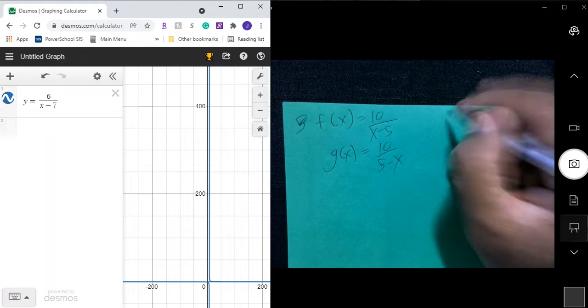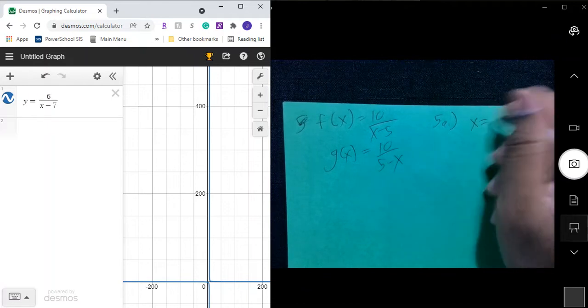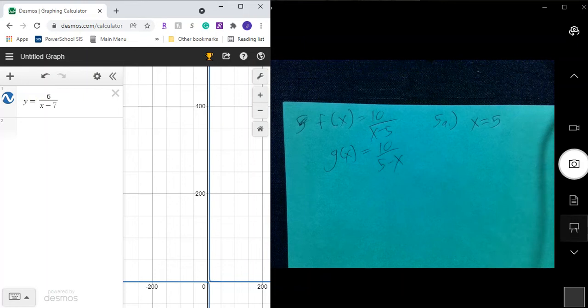For 5a, determine the equations of the vertical asymptote for functions f and g. What would make both of these denominators equal 0, which is the restriction on the domain, is 5. And the vertical asymptote also is 5. So x equals 5 is the vertical asymptote.